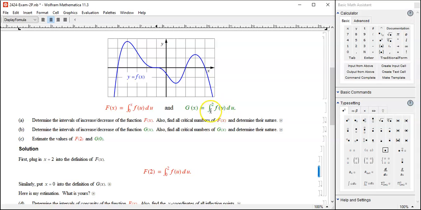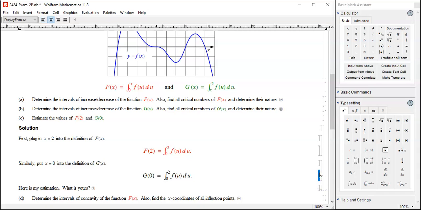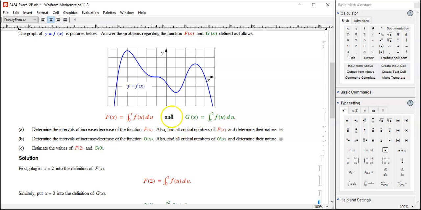Similarly, if I plug in x equal to 0 into g, you're going to get actually the same integral, 0 to 2. Again, we are talking about the same integral, so same shading. So, shade from 0 to 2, right here.